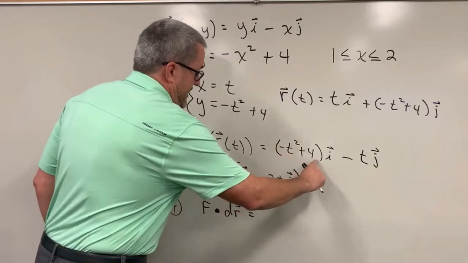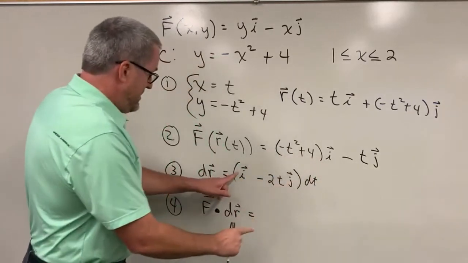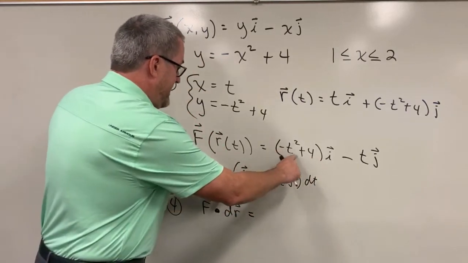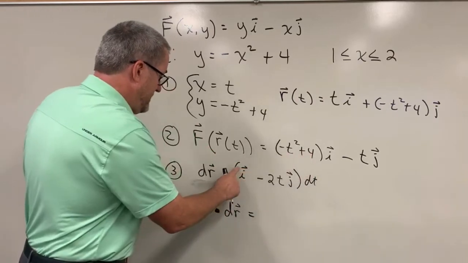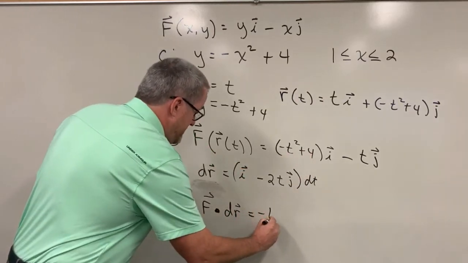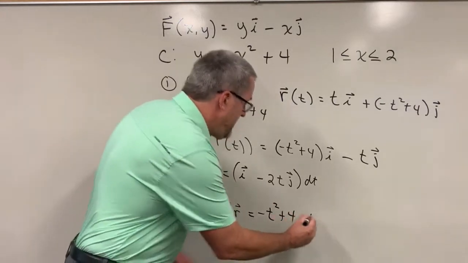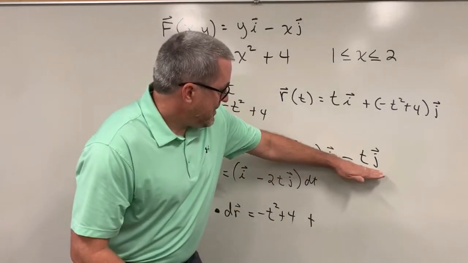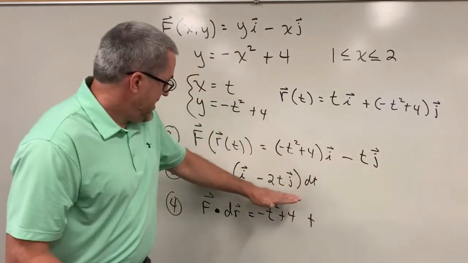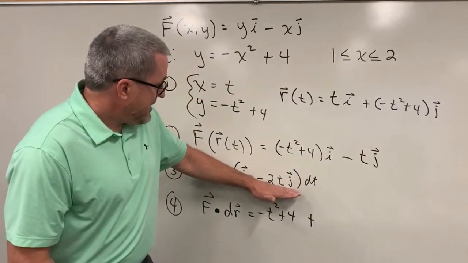So we take the x component here, multiply it by the x component here. So negative t squared plus 4 gets multiplied by 1, which is just negative t squared plus 4. Plus, we take the j component or the y component here times the j component or the y component here.